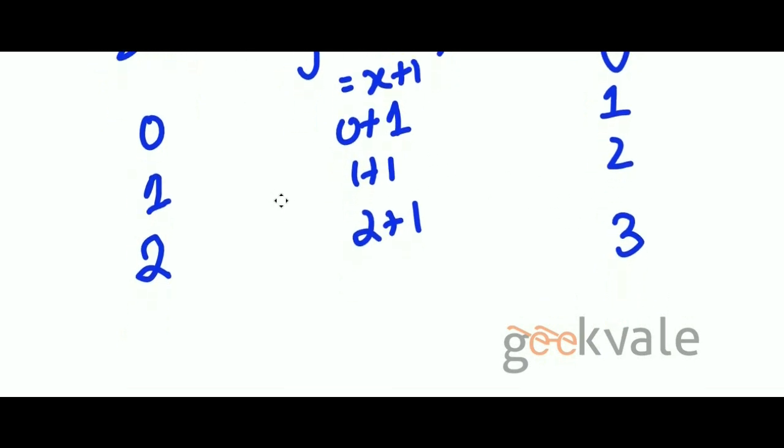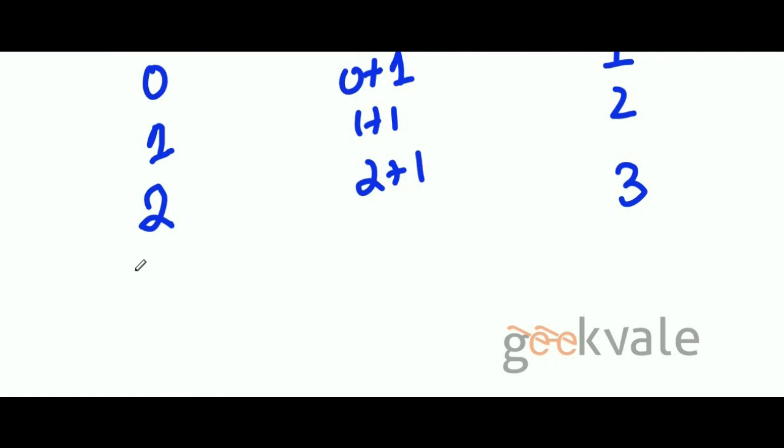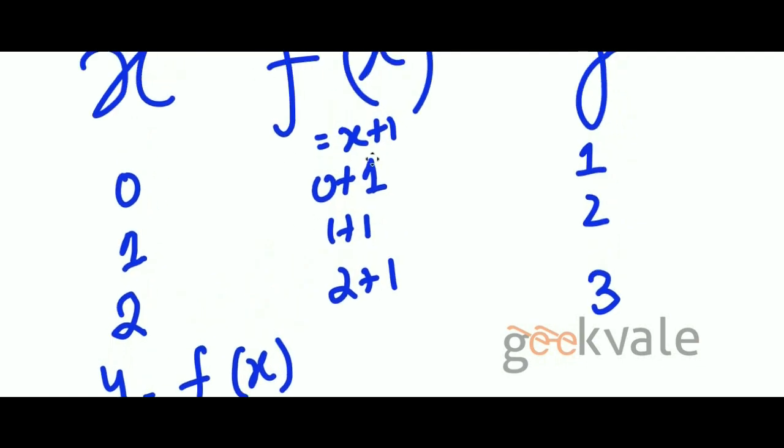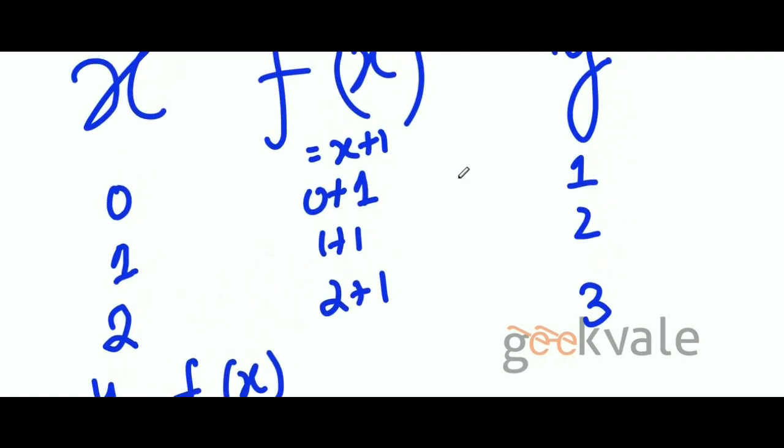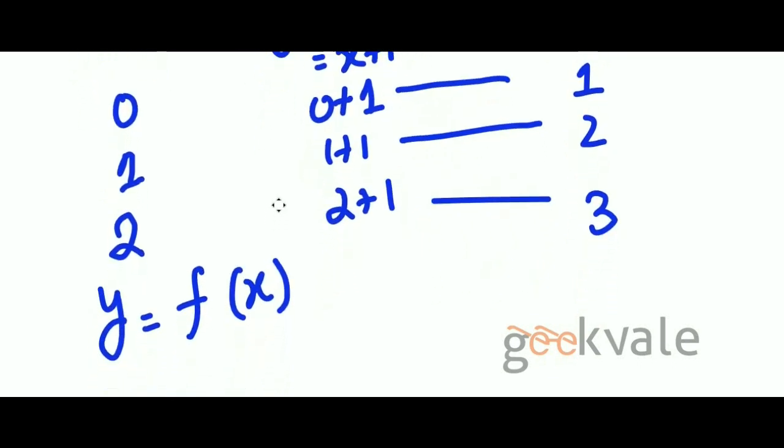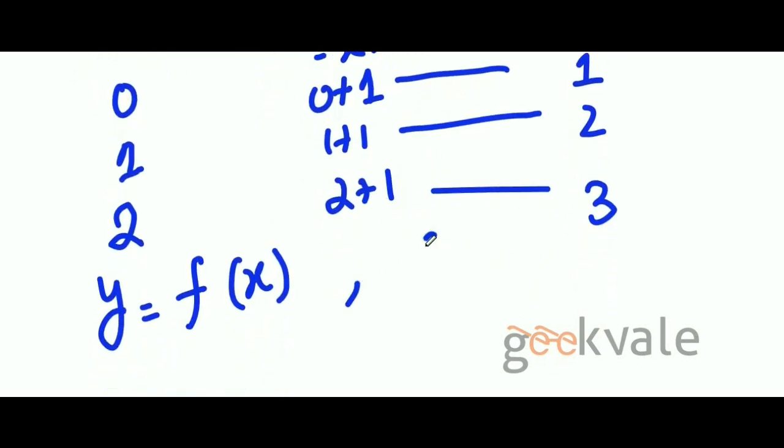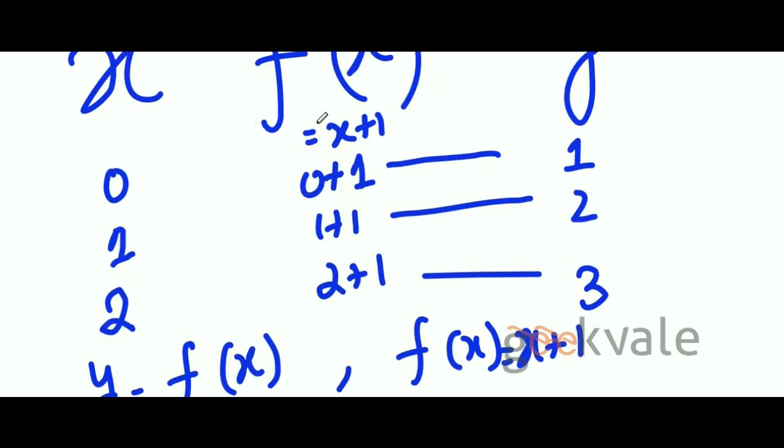So can I say that the output is the input after the process is done on it? Y is f of x. See, are these the same or not? The processed input, or can I say if the process is being done on the input, if that is equal to f of x, is doing what? Adding 1 to x, right?